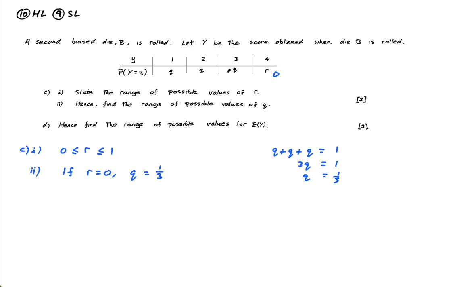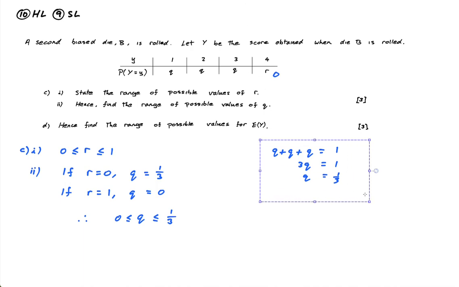If R equals 1, then Q would equal 0. Therefore, Q has to be between, and it can equal 0 and a third.